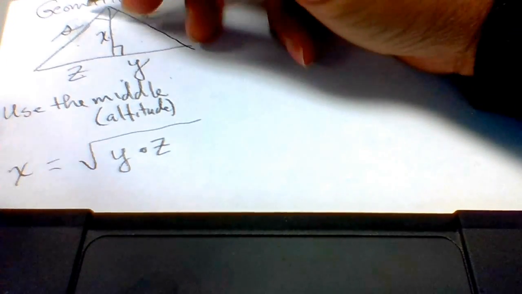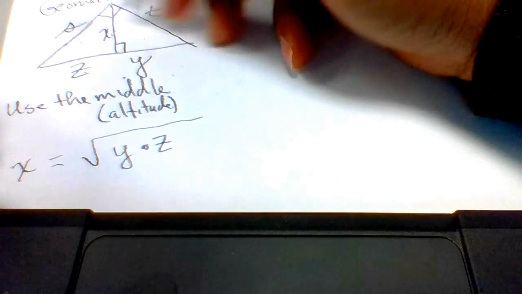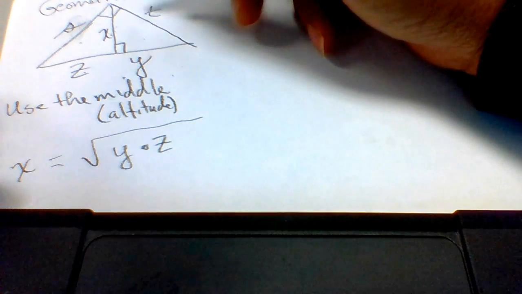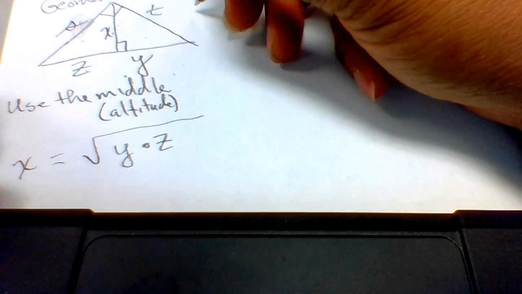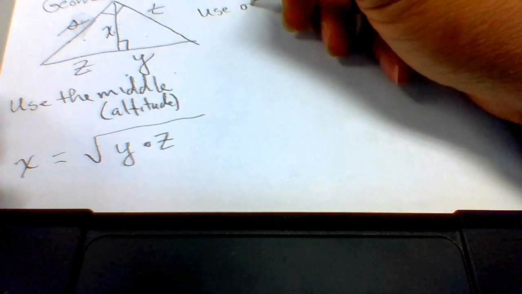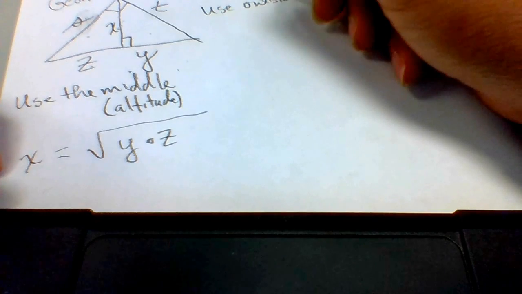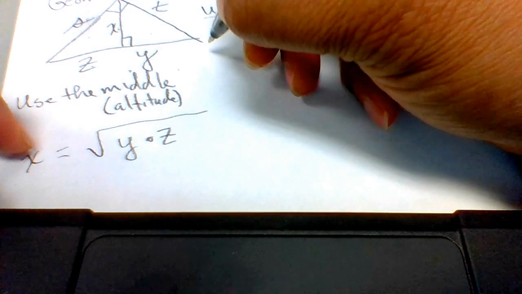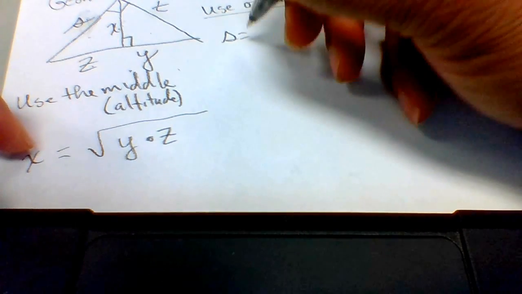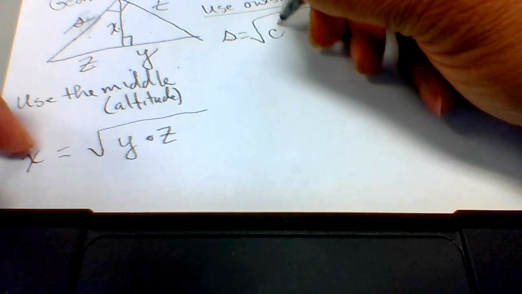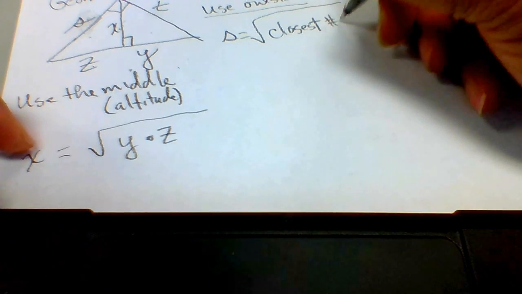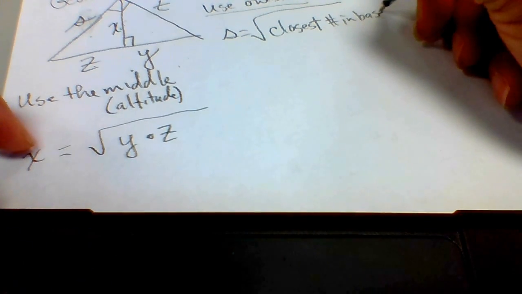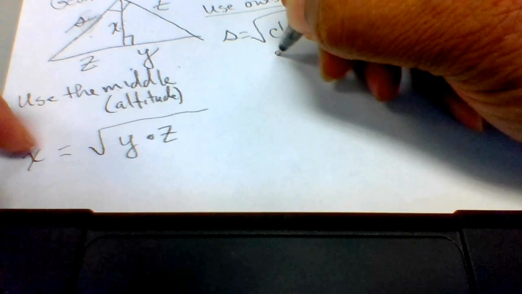If I'm trying to find one of the legs, that's the leg theorem. So if I was trying to find, let's say, S, you're going to use the formula to use outside. S is equal to the square root of the closest number in the base times the total base.